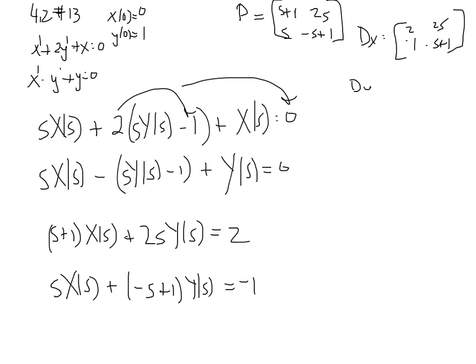And finally our d sub y will have 2, negative 1 along the right, and s plus 1 and s.